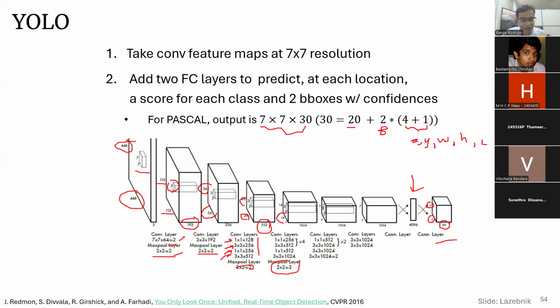So the size has become 14 by 14. Then finally, some more convolutions, two of them. And then once again, a stride 2 convolution also. There's no max pooling there. So you have the 7 by 7 structure. There again, they run some convolutions. Then finally, you get 4096 numbers. So this is the original YOLO architecture.